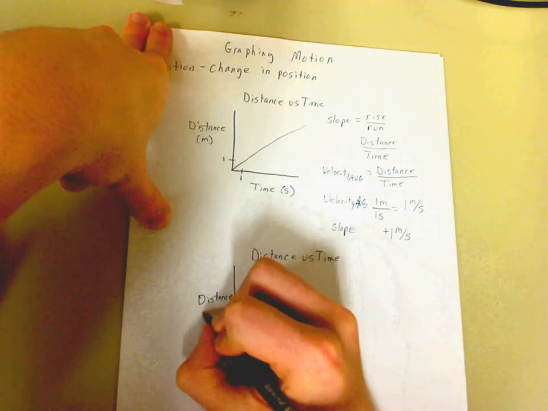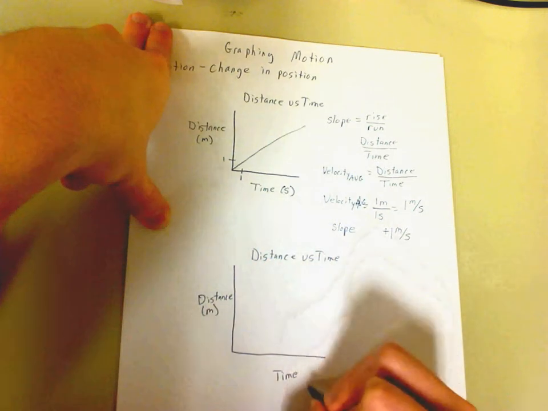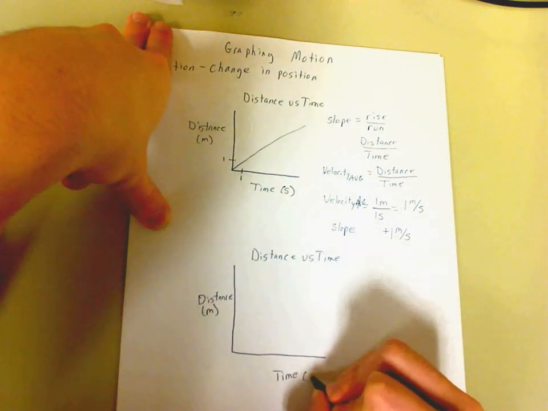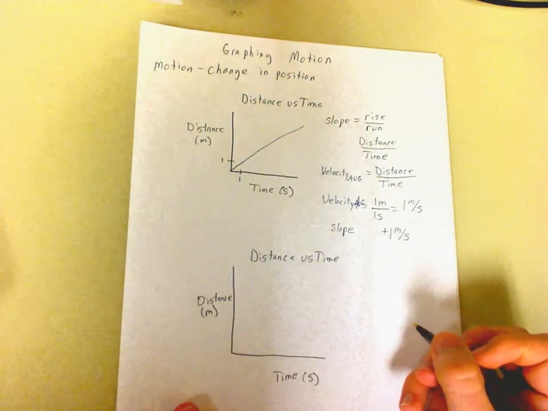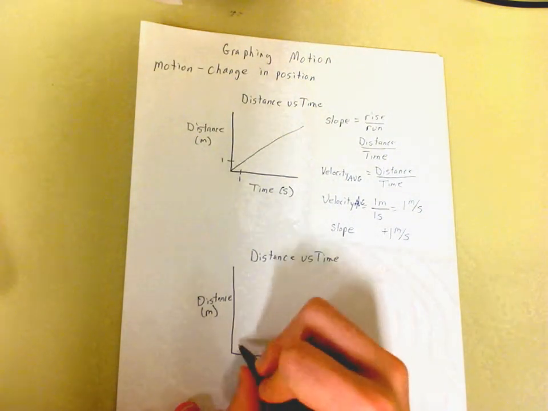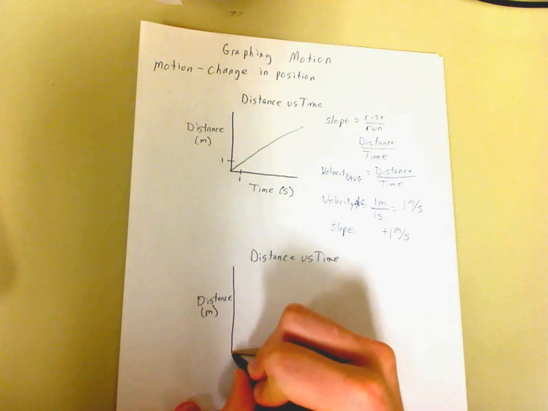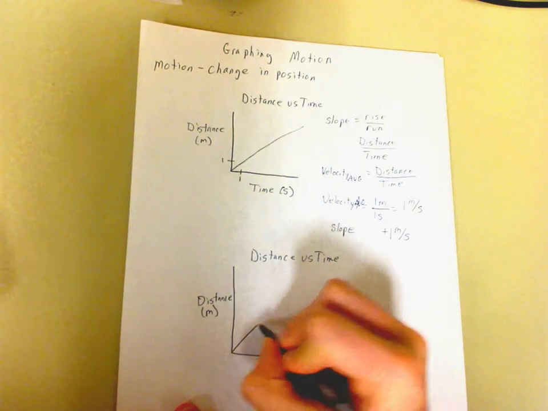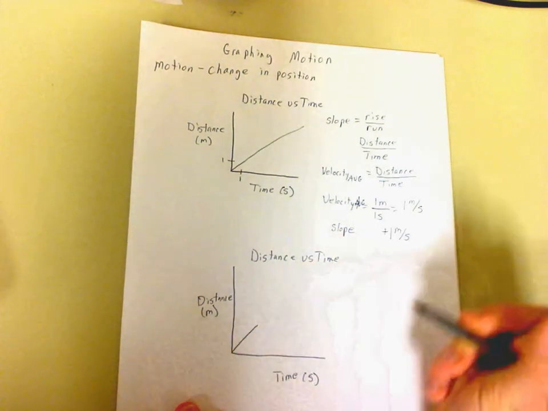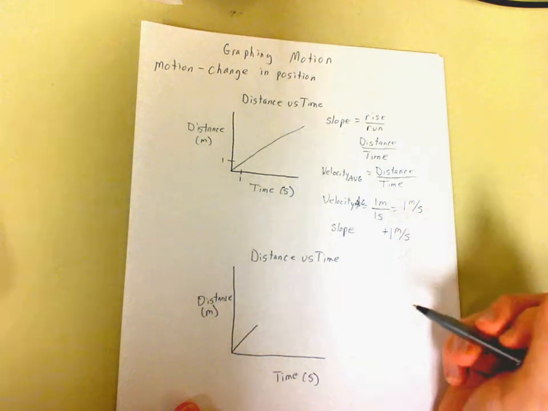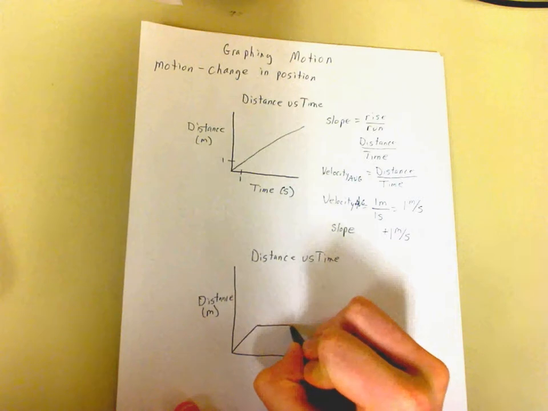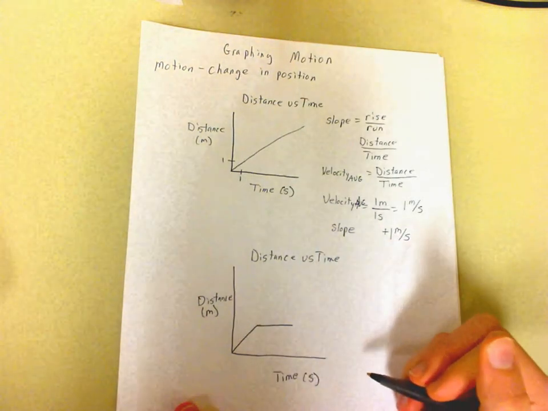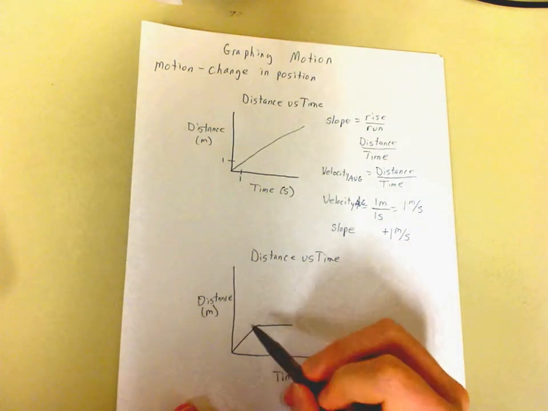And make sure you have your units on your graphs, because those are important as well. Now you have an object just like before, and it's going up on a 1-to-1 slope, so 1 meter per 1 second. But then it has a horizontal part to it. And what do you think is happening on this horizontal part?